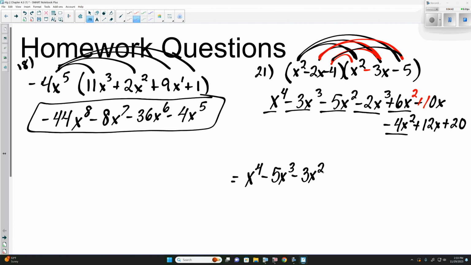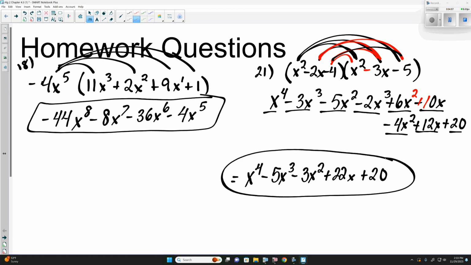So we have negative 3x squared. 10x plus 12x is plus 22x. And then we have plus 20. That's it.